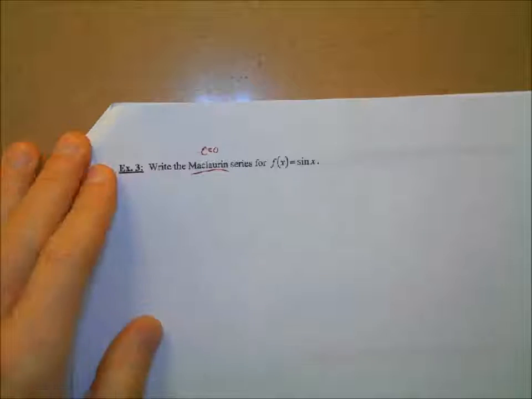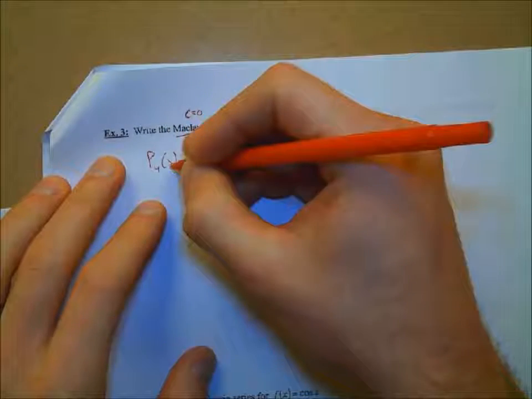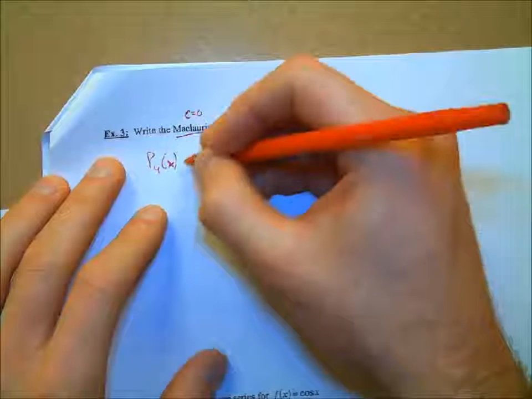So again, in order to do this, we're going to try and write out the first couple terms of our Maclaurin polynomial. Let's try P sub 4 and see how it goes.